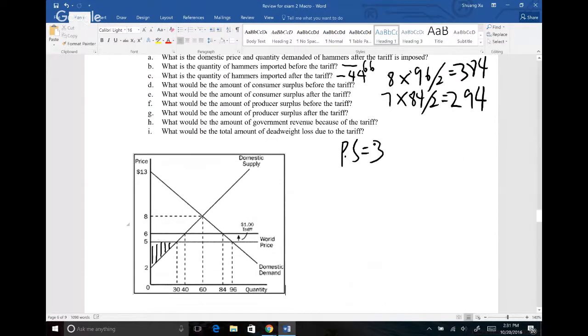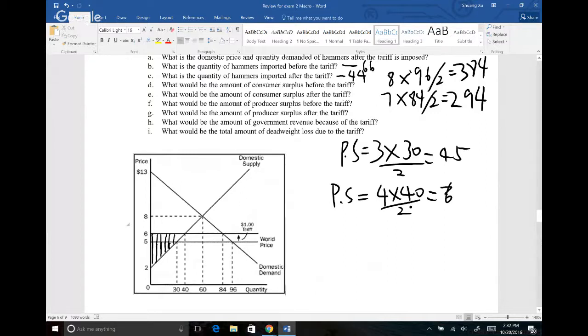That's 3 times 30, and then divided by 2. That's 45. And then the producer surplus with the tariff, you're going to gain this extra area over here. That's your producer surplus with the tariff. So it's going to be 2 to 6. That'll be 4, and then 4 times 40 divided by 2. That should give you 60 or 80, right? 80? I think so. Yeah, 80.